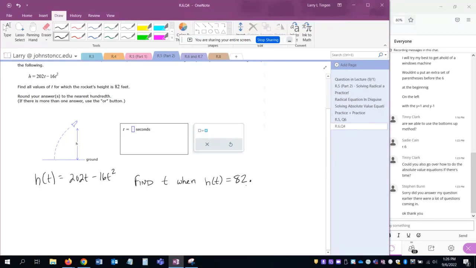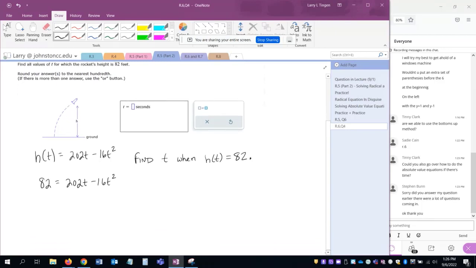So what does this mean I need to do? I have 82, and 82 gets plugged into the h of t. So that whole side is 82. On the right-hand side, I have the remaining terms to make a quadratic equation. And now all I have to do is solve that quadratic equation. So let's get everything on a side by itself. This is a quadratic.